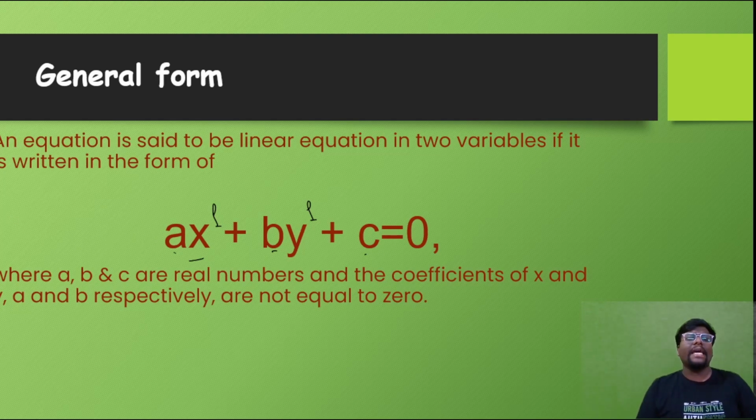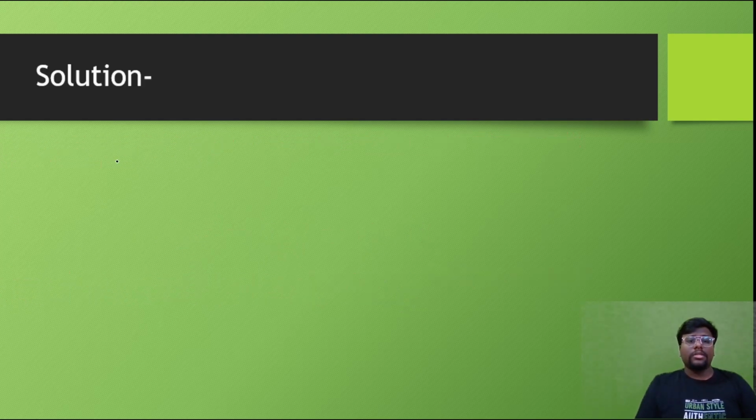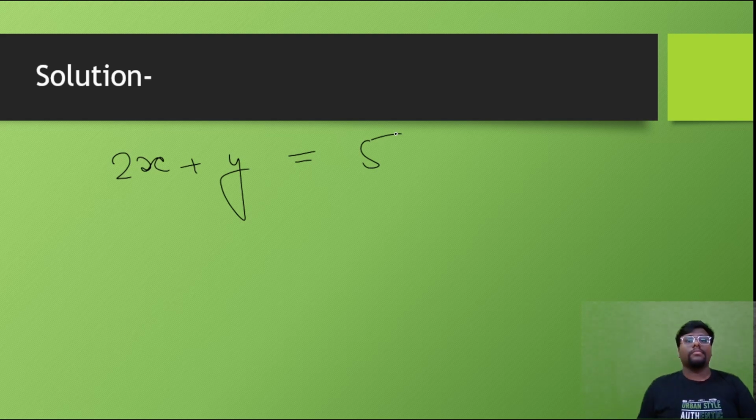Now, let's take an example. Suppose I have 2x plus y equals 5, right? It's a linear equation in two variables. You all will agree to that. Now tell me something. Like we did in linear equations in one variable, we used to take out the value of the variable.